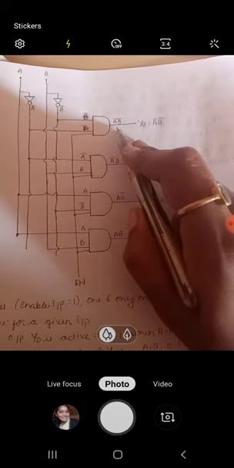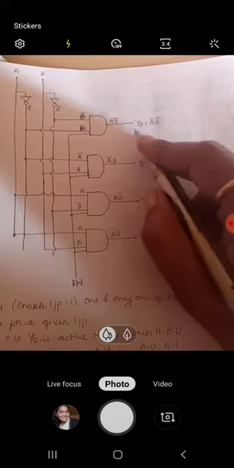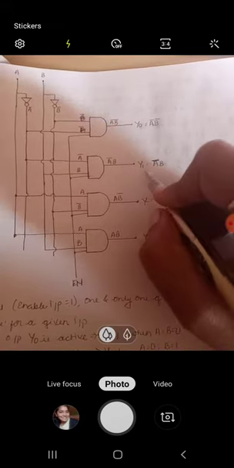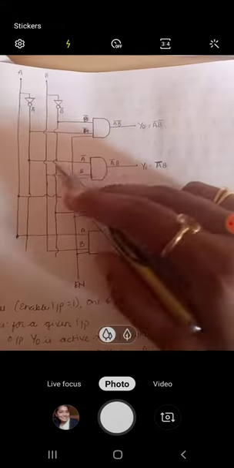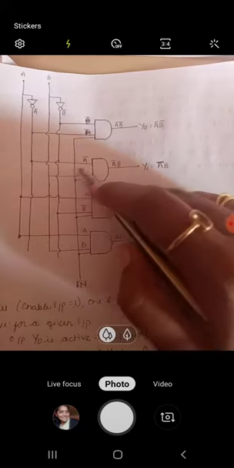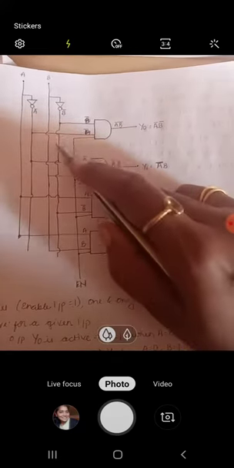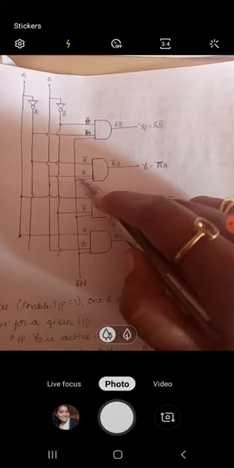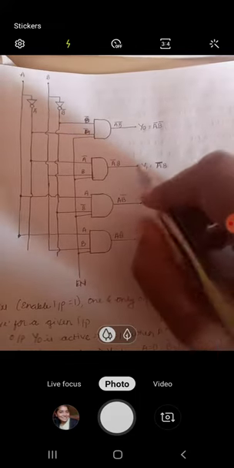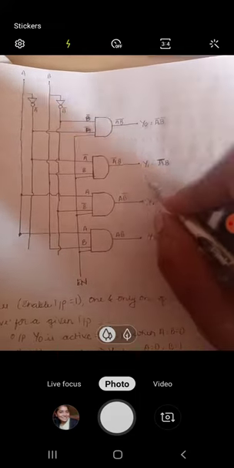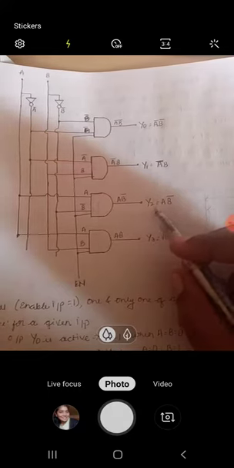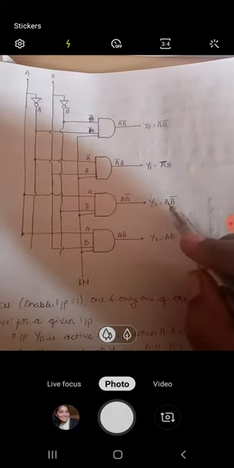So what do I get? A bar, B bar, which is Y naught. Similarly, what is Y1? A bar B. I have A bar over here, and B I have tapped, and what do I get? A bar B. This is your logic Y1. Similarly, Y2 is A B bar.